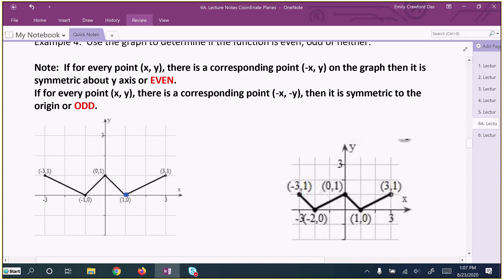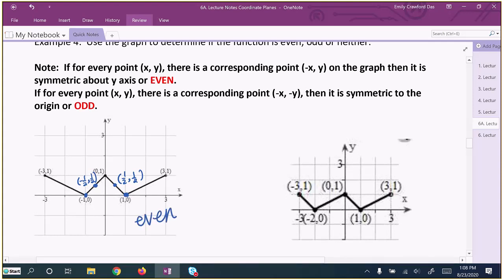Then I would need to check, is negative 1, 0 also there? And it is. And I should be able to do this with any point. So even if I pick something here, like maybe this is 1/2 and 1/2, I need to check whether negative 1/2 is on the graph. So I would go to negative 1/2, 1/2, and I would see that it is in fact there. And I can do that with every point. So this is even.